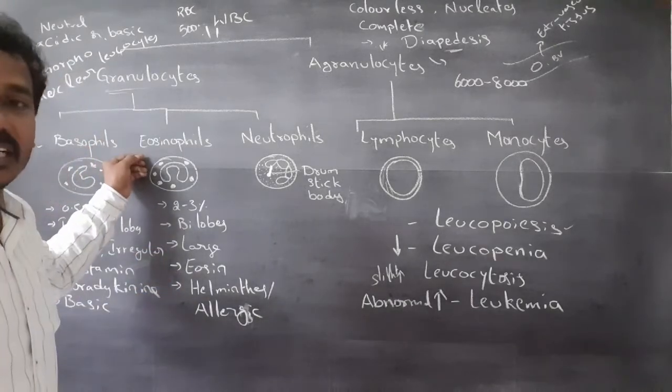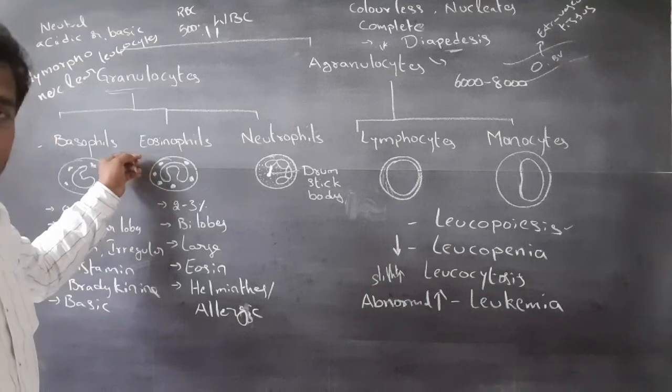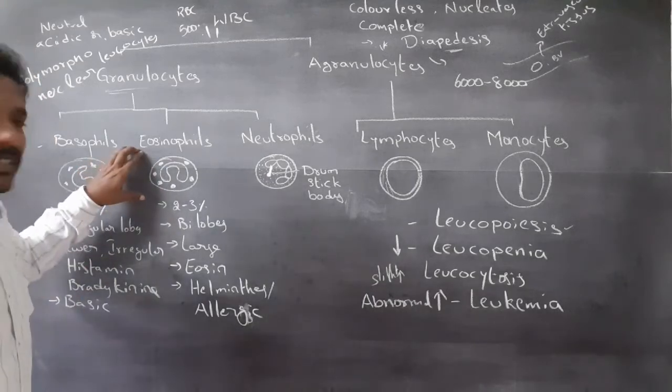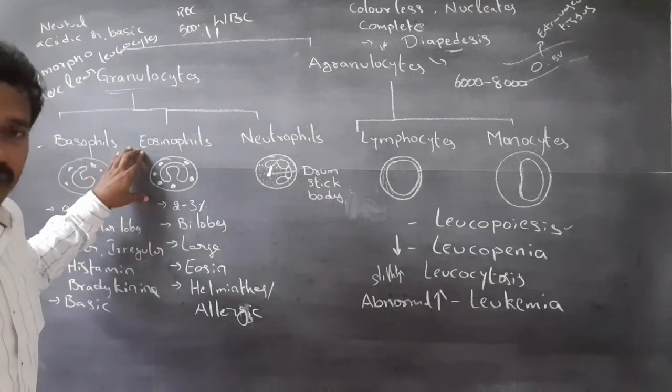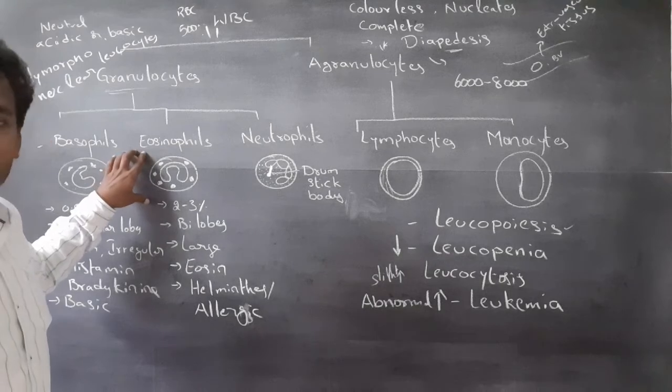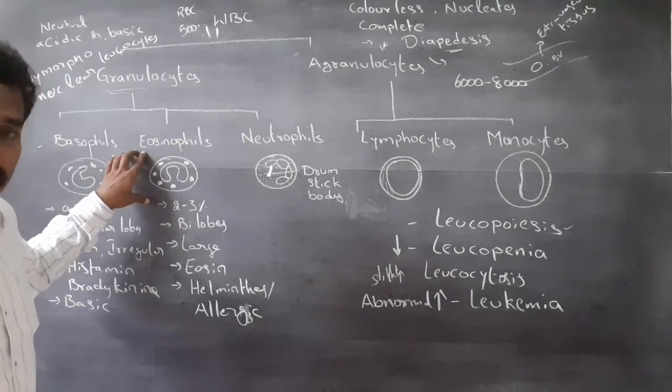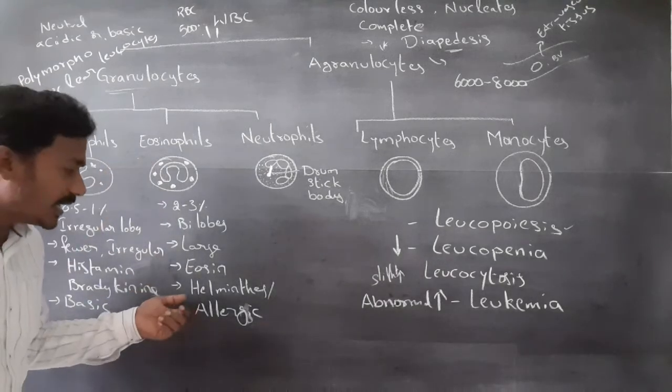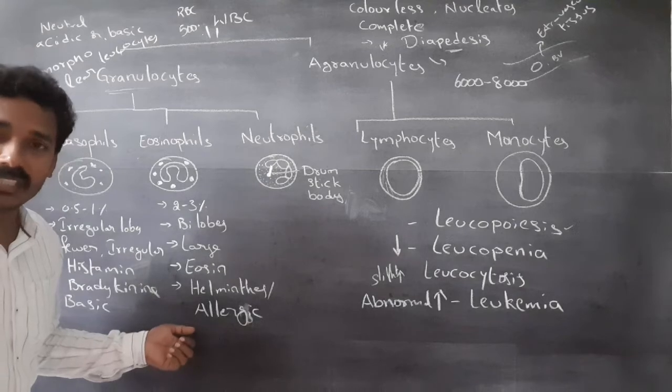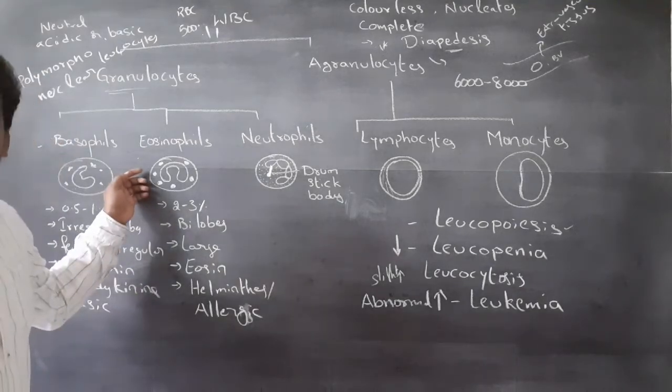An increased number of eosinophils is called eosinophilia. During helminthic or allergic infections, these cells are increased. This is called eosinophilia.